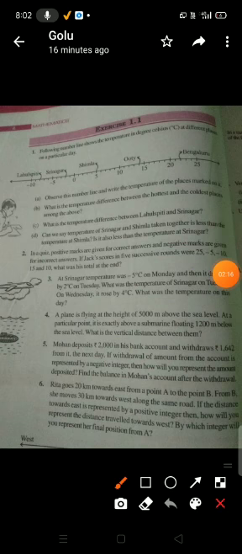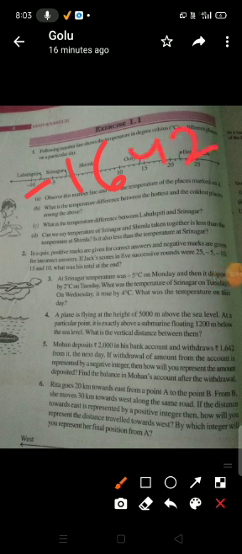Mohan deposits 2000 in his bank account, meaning the total amount in his account is 2000 rupees. And the withdrawal is 1642, but we have to represent the withdrawal amount by a negative number, so we write minus 1642.